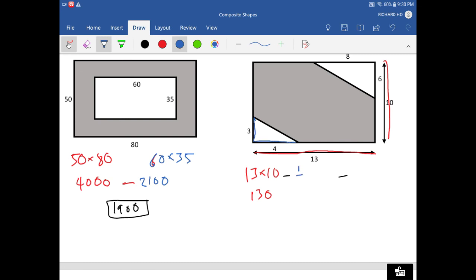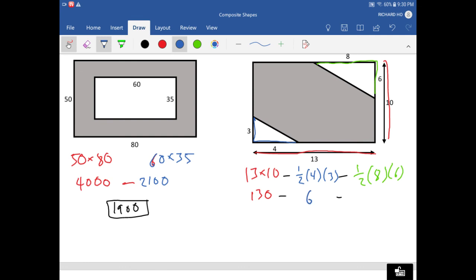So remember, it's 1/2, the base is 4, the height is 3 for the blue one. Then for the green one, the base is 8, the height is 6. So it's 1/2, 8 times 6. Half of 4 is 2, 2 times 3 is 6.